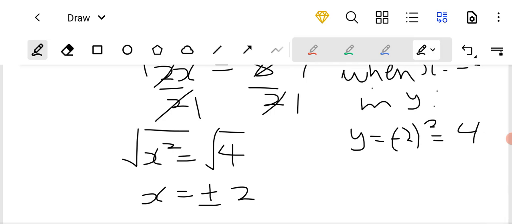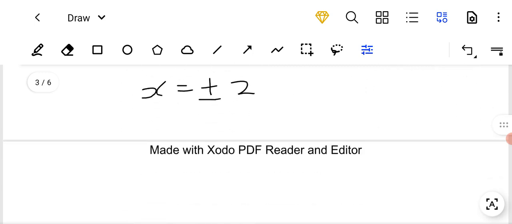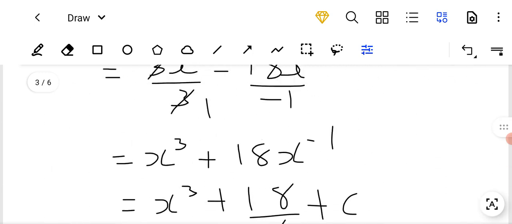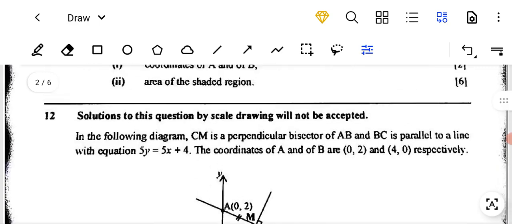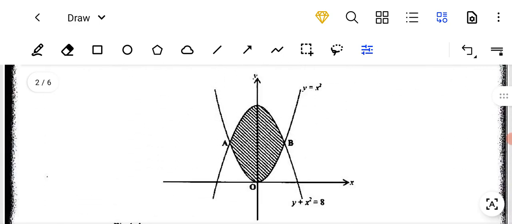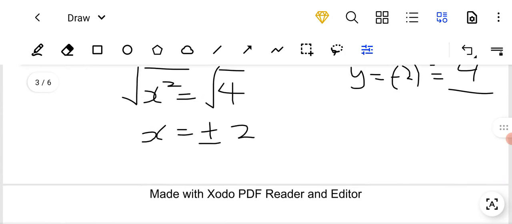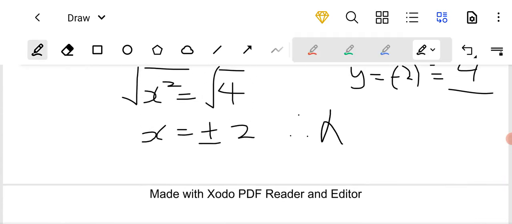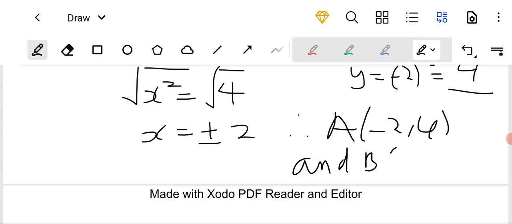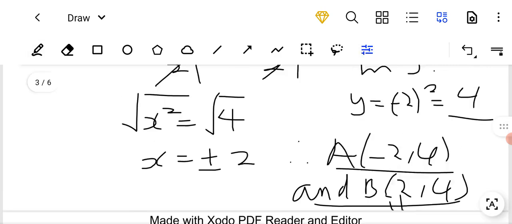So you have the same answer. Then you look at the question once again, which asked for the coordinates of A. A was on the negative side, and B was on the positive side. You would conclude by saying, therefore, A, which is on the negative side, would be negative 2, 4, and B would be positive 2, 4, and then you get your 2 marks, simple as that.